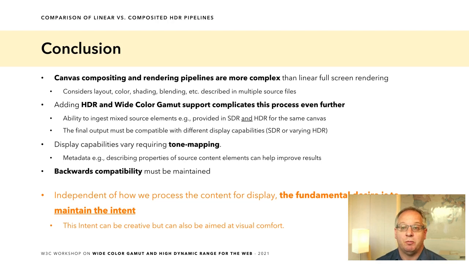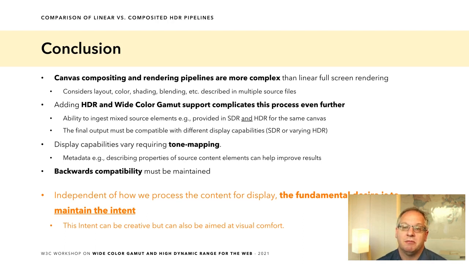Further, the final composited output must be compatible with different display capabilities, which again can be in SDR or HDR. As the display capabilities vary, tone mapping approaches are employed. The effectiveness of the tone mapping process can be improved by providing metadata that, for example, describes certain aspects of the source content elements.